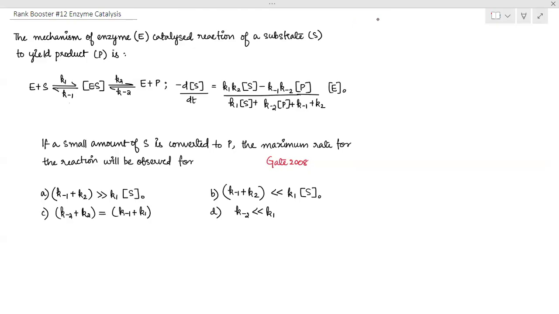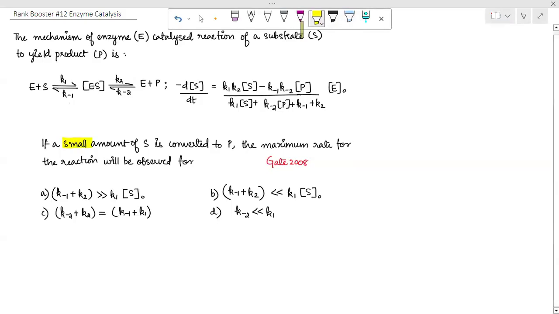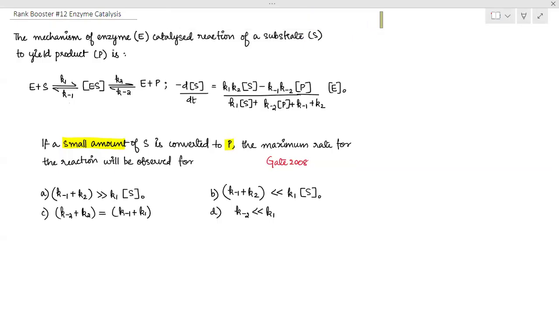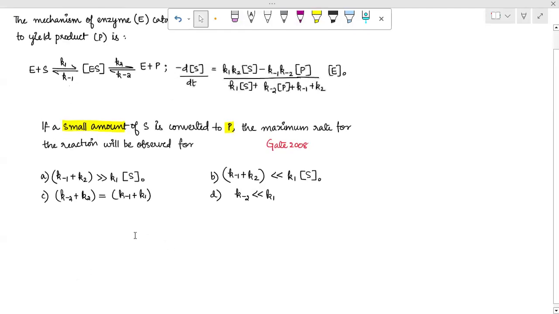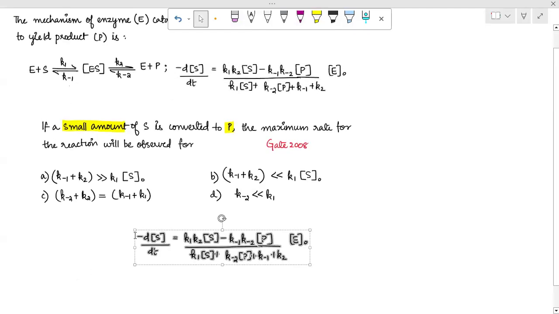Now, if a very small amount of S, very important, if a very small amount of the substrate is converted to the product, the maximum rate for the reaction will be observed for following options are given. Okay. So already they have given the rate of disappearance of the substrate. Correct. So this is where we'll start from.